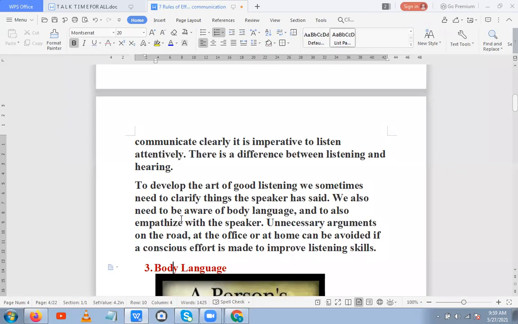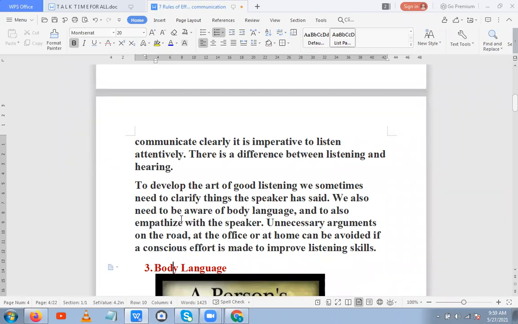What things are said, what things are not said, what is hidden in the body language. Is the person angry? Is the person smiling? We also need to empathize with the speaker. Be on friendly terms with the speaker to understand the person.